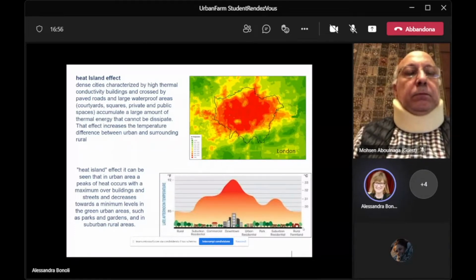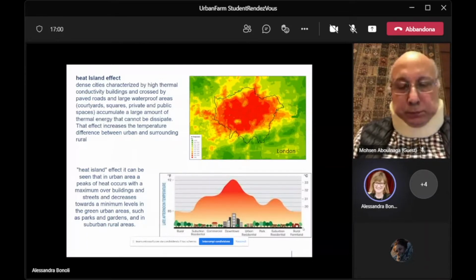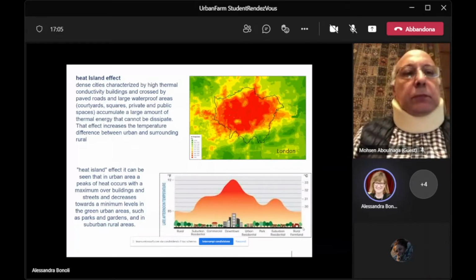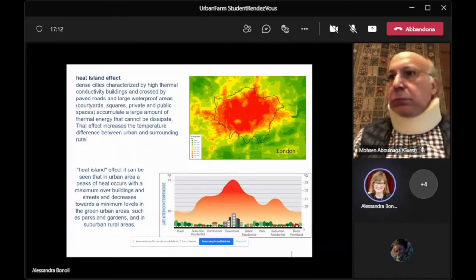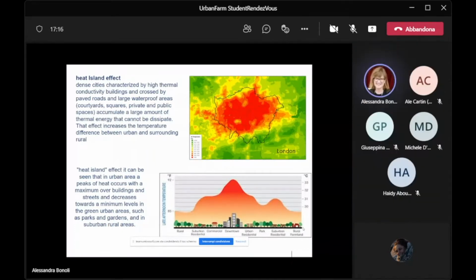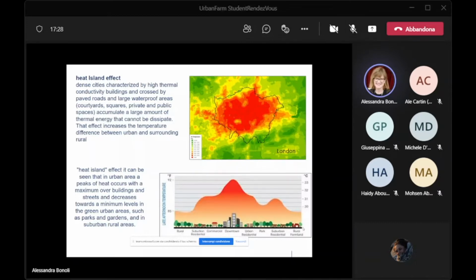Dense cities are characterized by high thermal conductivity buildings and crossed by paved roads and large waterproof areas, and that means that our cities accumulate a large amount of thermal energy that cannot be dissipated, for instance, during the night. And that effect increases the temperature differences between urban and surrounding rural areas.